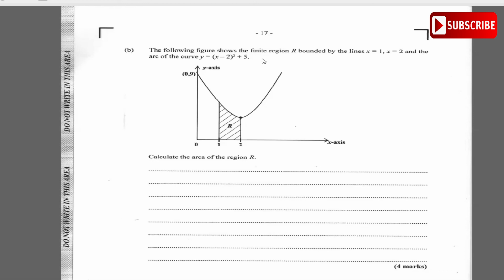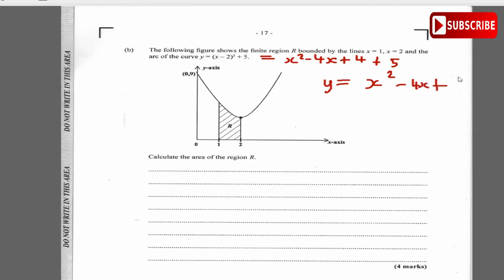I'm going to expand this and put it in standard quadratic form: x squared minus 4x plus 4 plus 5. You might ask, sir, why did you do that? If I put the curve in standard quadratic form, it makes it easier for me to integrate. So y is equal to x squared minus 4x plus 9.